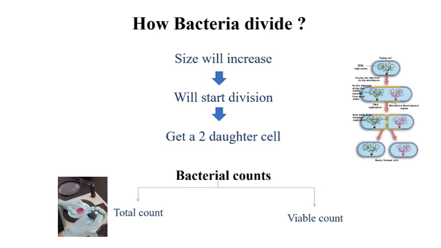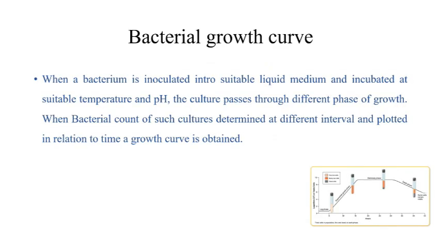Bacterial growth curve. When a bacterium is inoculated into a suitable liquid medium and incubated at suitable temperature and pH, the culture passes through different phases of growth. When the bacterial count of such a culture is determined at different intervals and plotted in relation to time, a growth curve will be obtained. That we will call the bacterial growth curve.